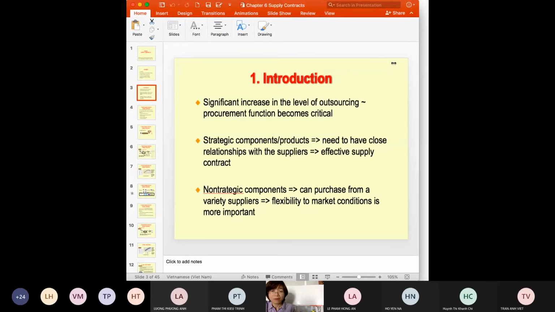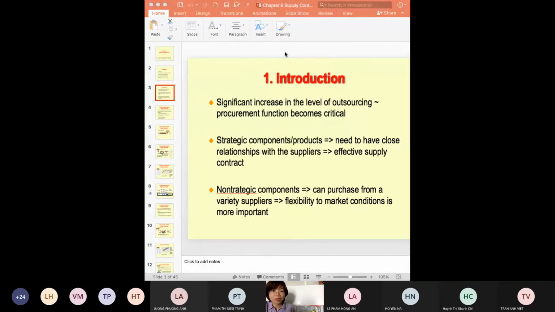For example, if the company just focuses on manufacturing, they don't want to spend a lot of time on, for example, transportation. They don't want to focus on transportation.